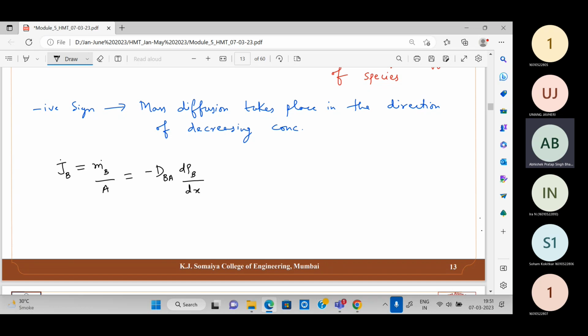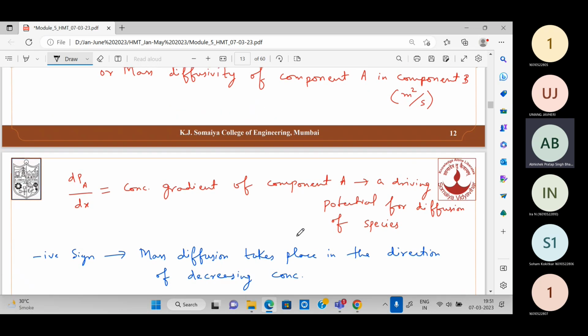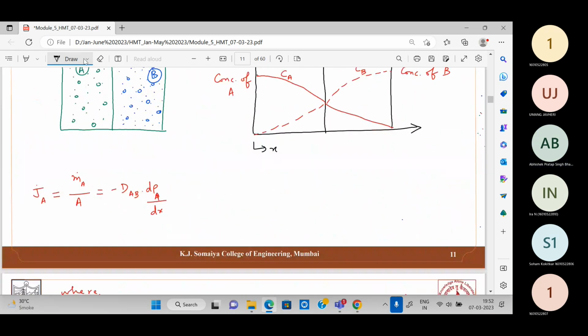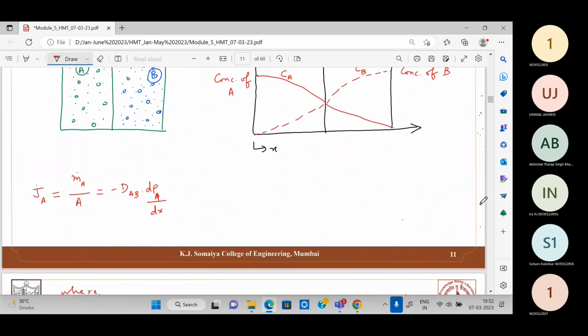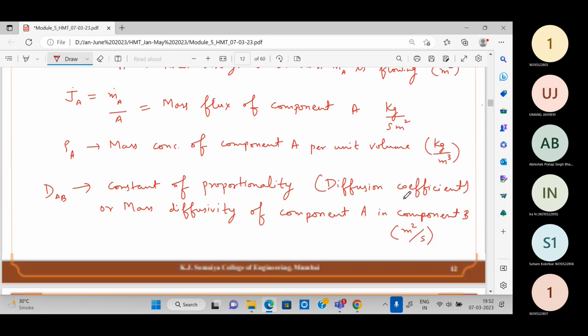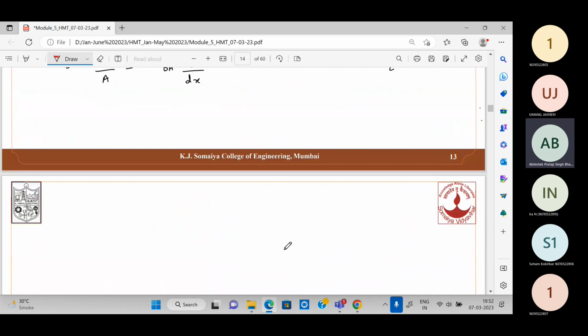So we have written this. Let us call this equation 2, and the earlier one is equation 1.